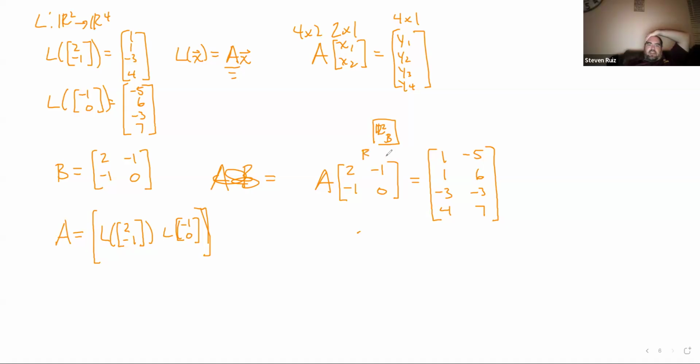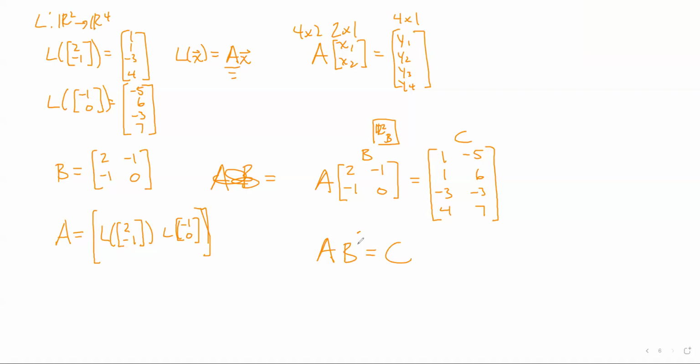Let me give names to these. This is B, and I'll call this C. So what I have here is A times B equals C. To get A by itself, we could try taking the inverse of B on both sides. Yep.